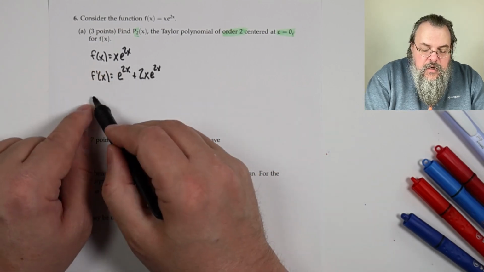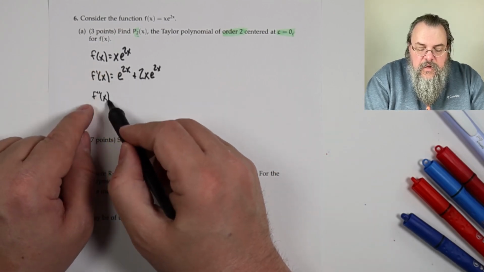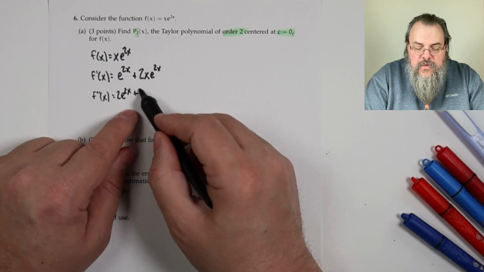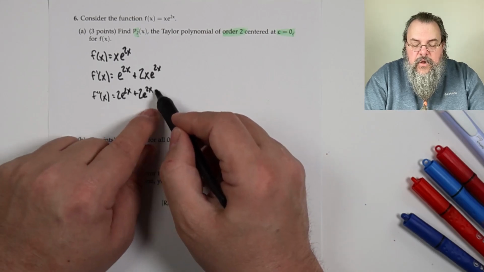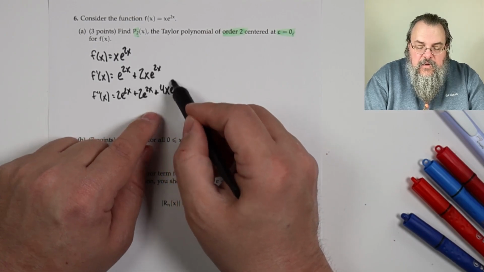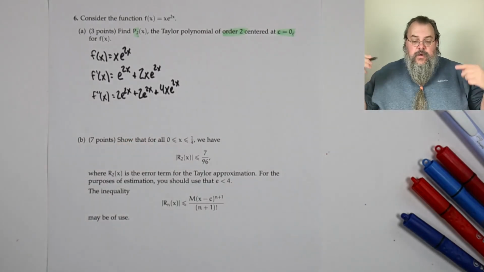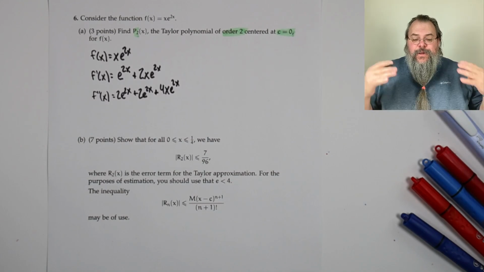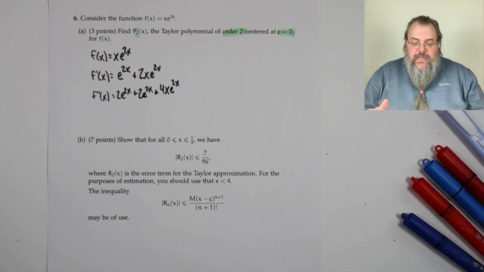And then we're going to do another derivative. So that's 2e to the 2x, plus derivative of the first, 2e to the 2x, plus derivative of e to the 2x will be a 2 down, 4x e to the 2x. Okay, so second order, work through the second derivative. The order refers to what derivatives you need to look at.